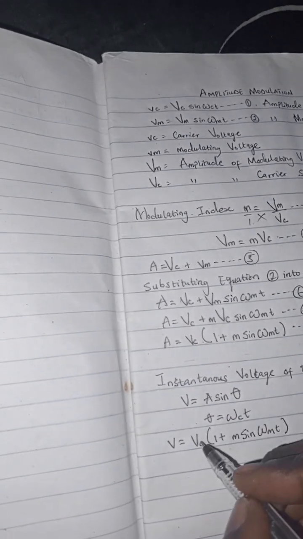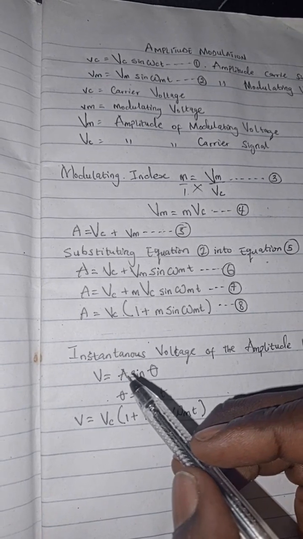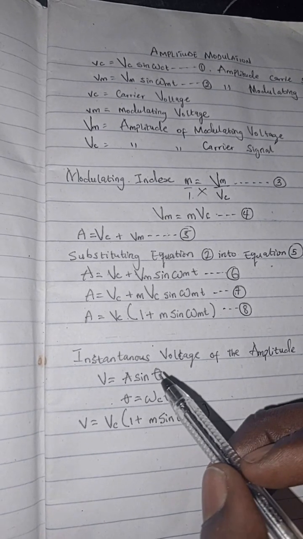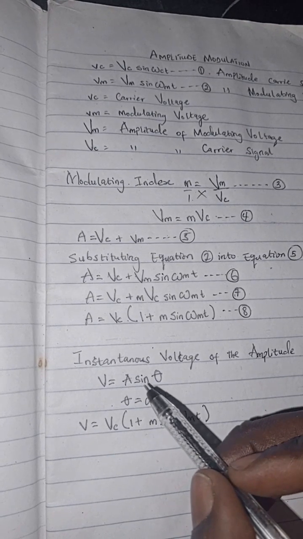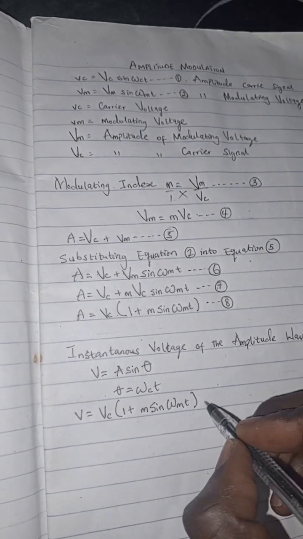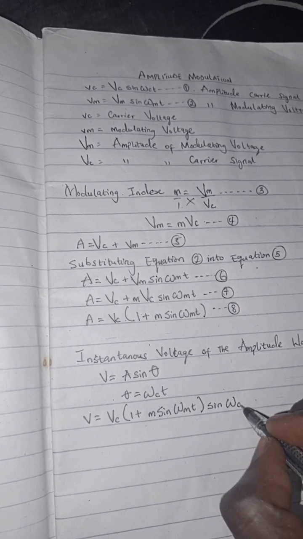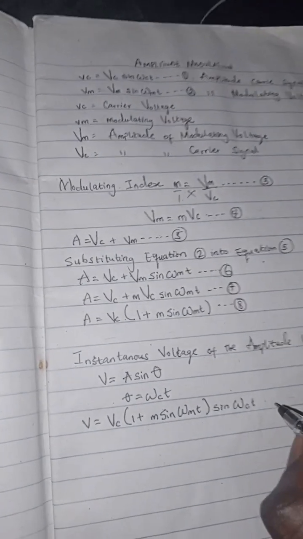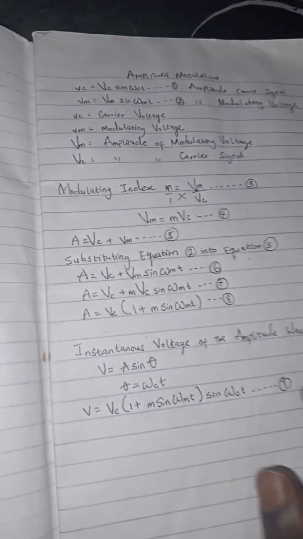That's our A. Now we've substituted our A. So this is the first side of the equation that has A, while now the sine theta, we already defined our theta to be omega ct. Instead of theta, we'll have sine omega ct. And then we can label this to be our equation 9.